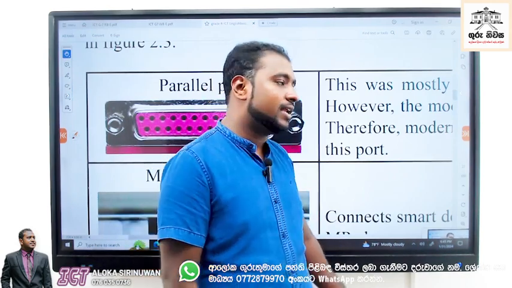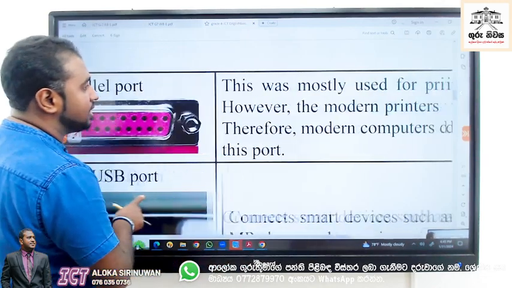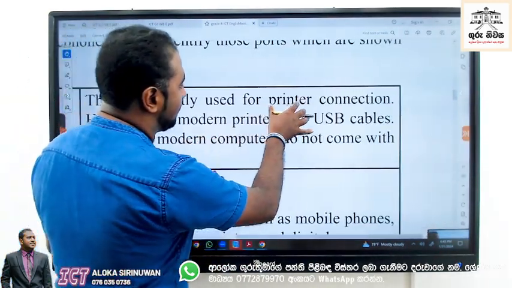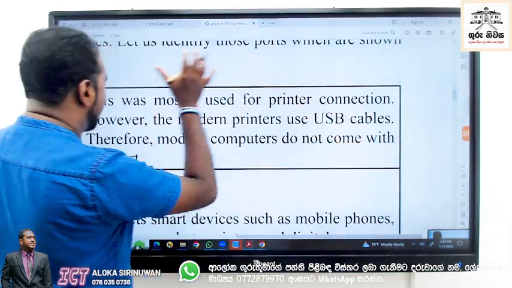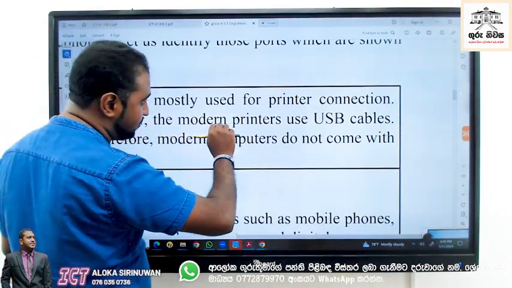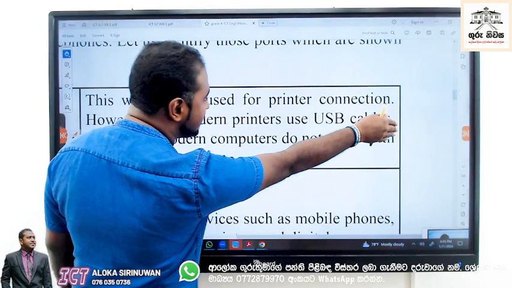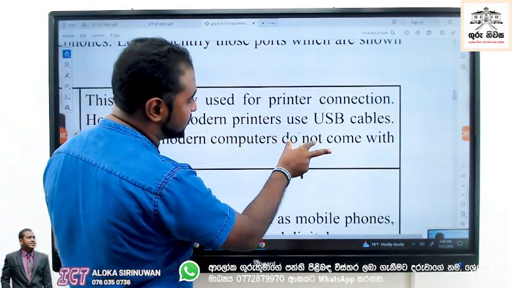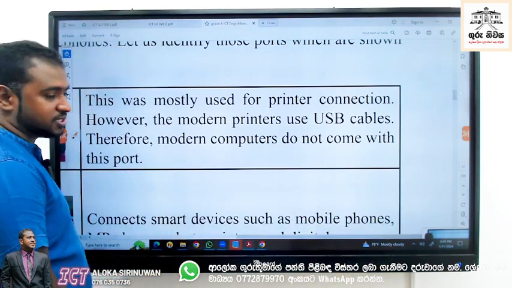Understood? Look at this paragraph. You can see this was mostly used for printer connection. However, modern printers use USB cables. Therefore, modern computers do not come with this port.